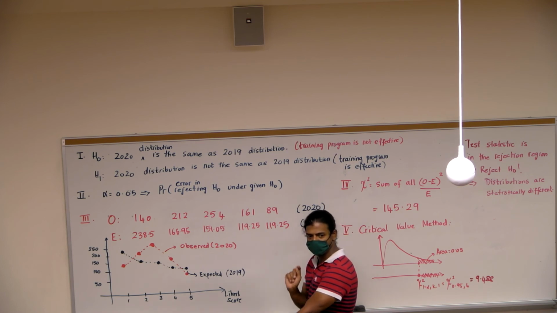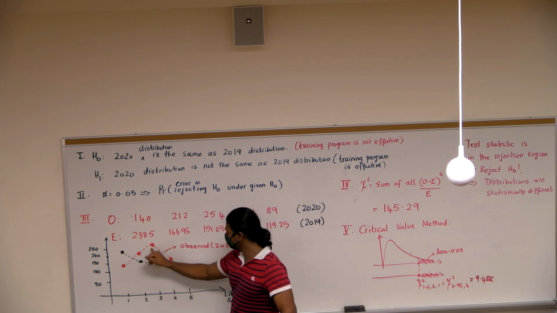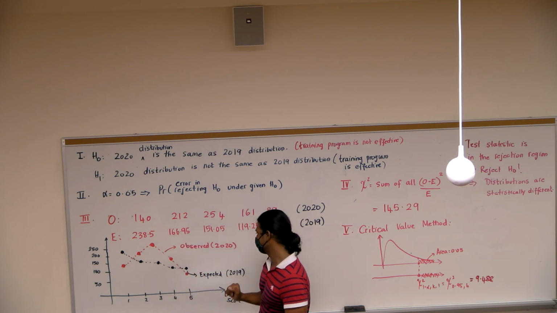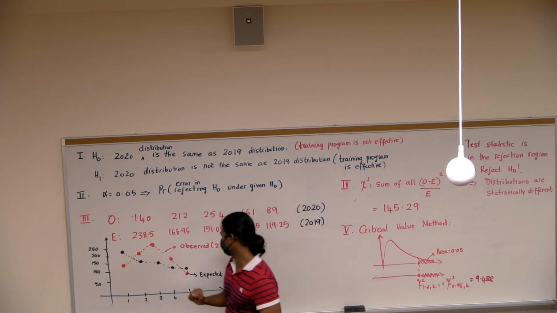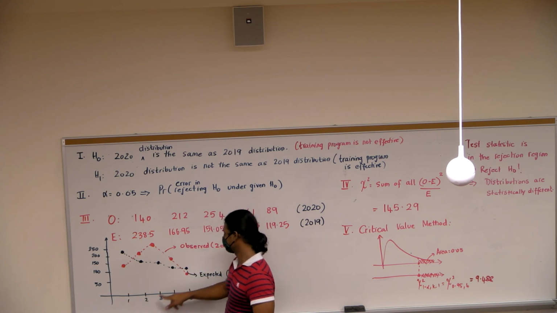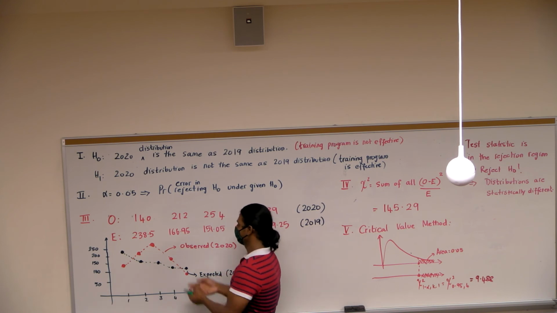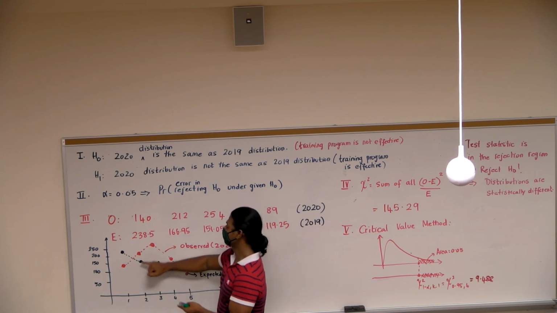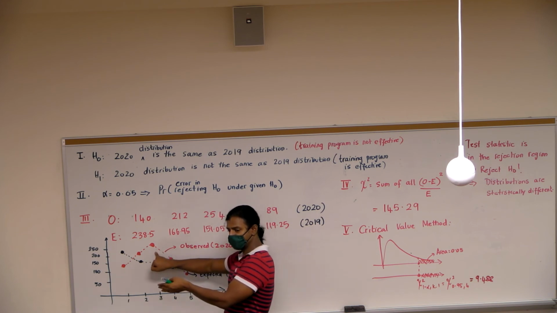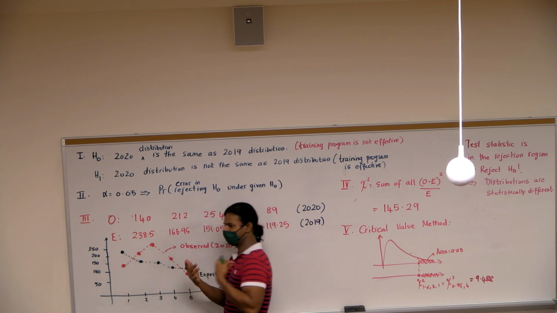The observed values: the probability of getting a 2, 3, and 4 rating is higher than the probability of getting 1 and 5. So the chances of getting 2, 3, 4 in the year 2019 were lower. But in 2020, we saw more customers give a 2, more customers give a rating of 3, more customers give a rating of 4, but 1 and 5, not so much.